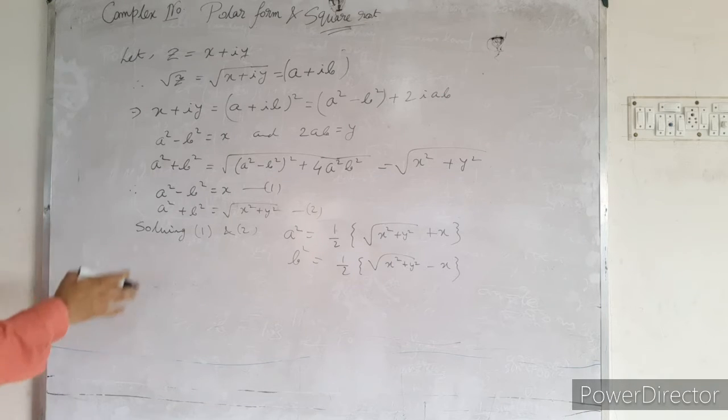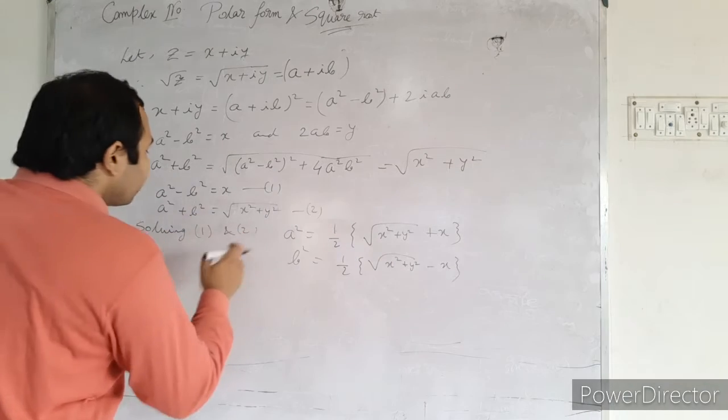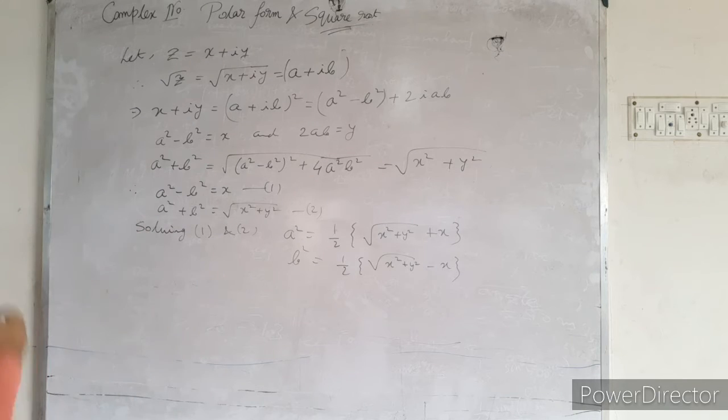So we have got the values of a square and b square.